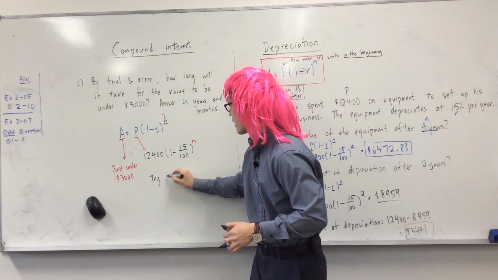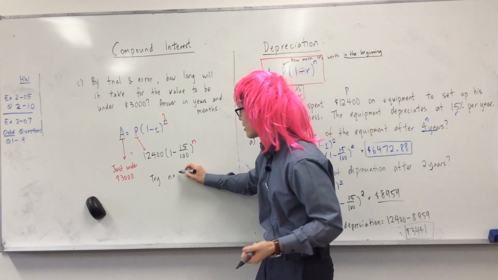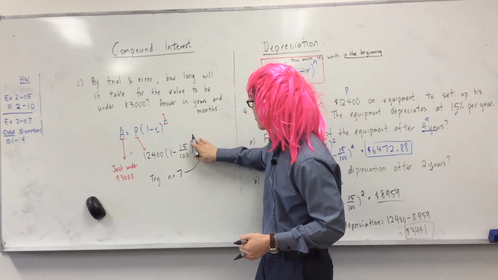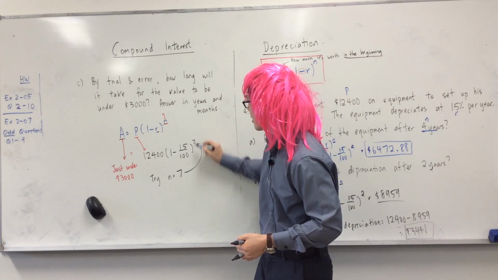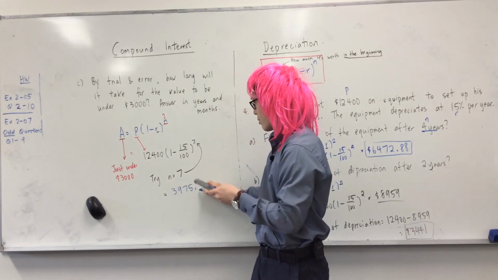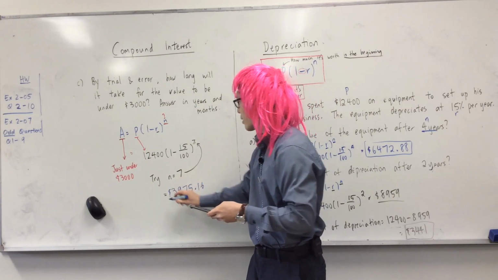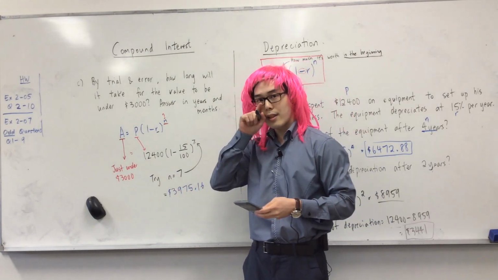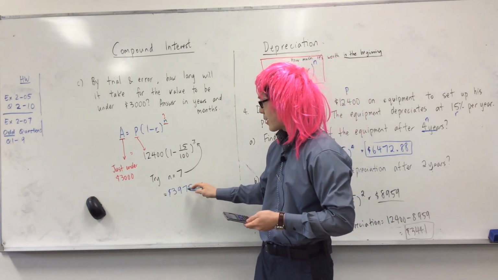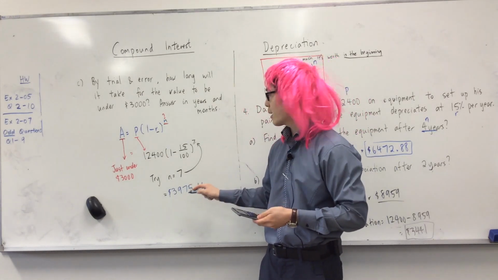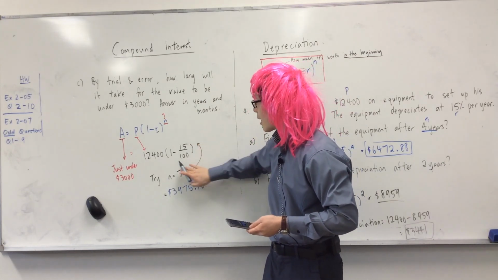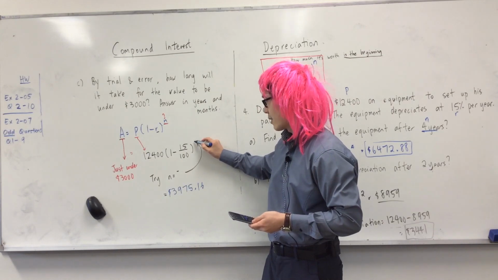Let's try n equals 7. If I plug in 7, let's see what number I get. $3,975.50 and 16 cents. That is close to 3,000, so our first try was pretty good, but because I need this to be a smaller number, that means I need to try a bigger number here.